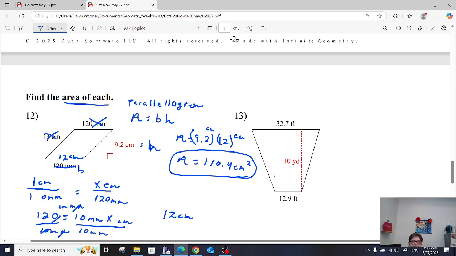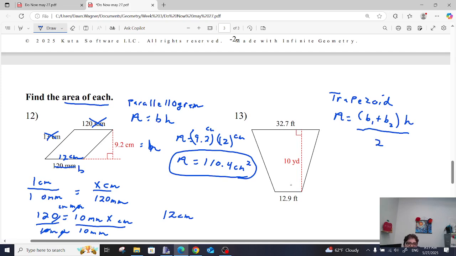Okay, so here, what shape is this? It's a trapezoid. If you don't know your shapes, it's pretty hard to figure out what formula to use, right? So this would be area is equal to base 1 plus base 2 times height divided by 2.